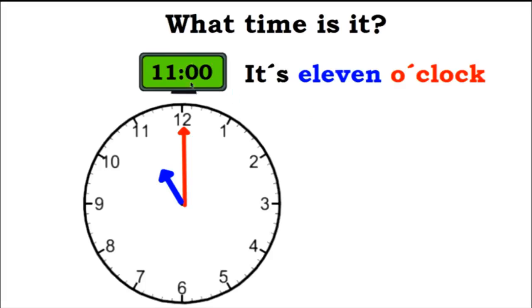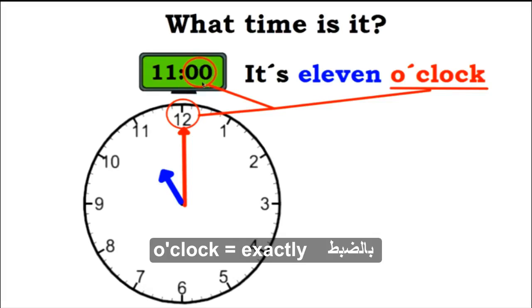When there are no minutes, we say o'clock. It's exactly 11. It's 11 o'clock. Only when we have no minutes, we use o'clock.